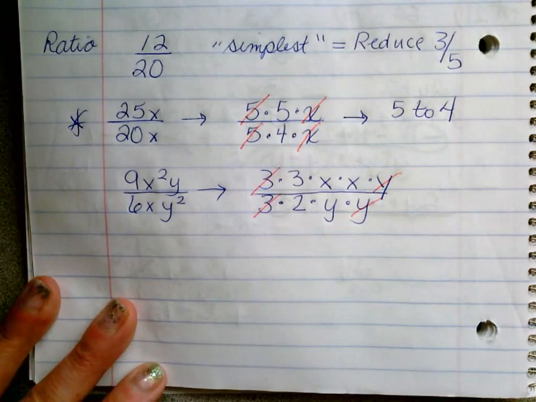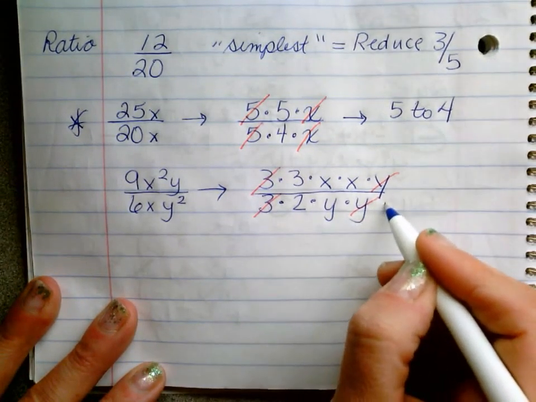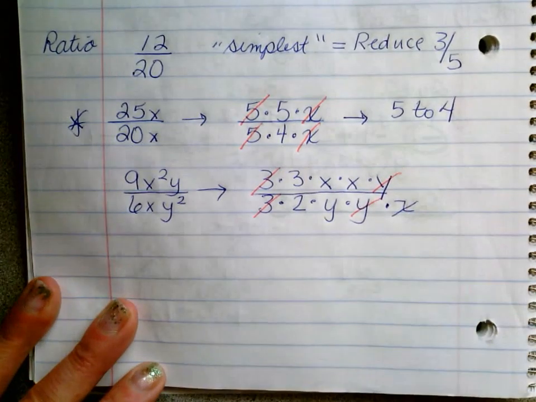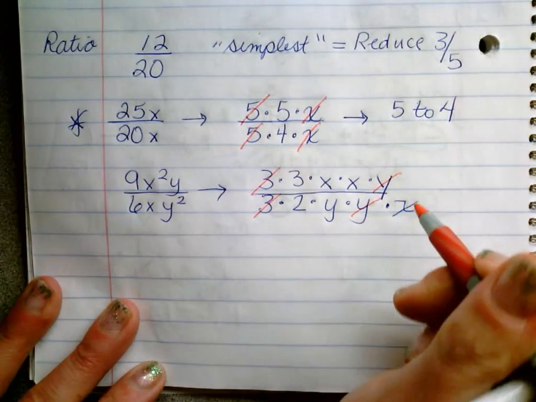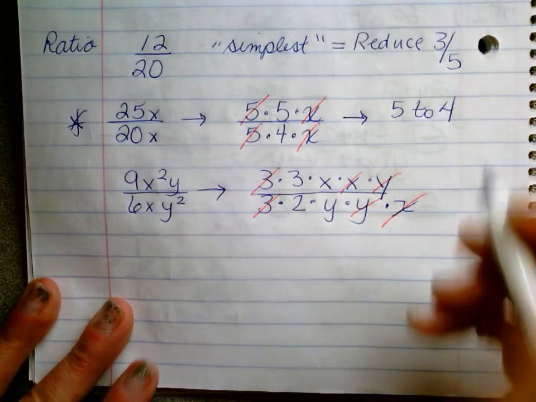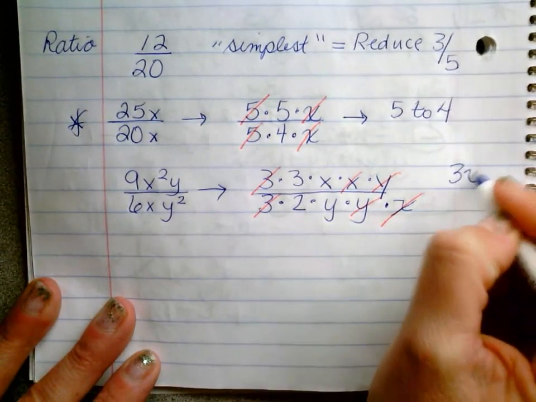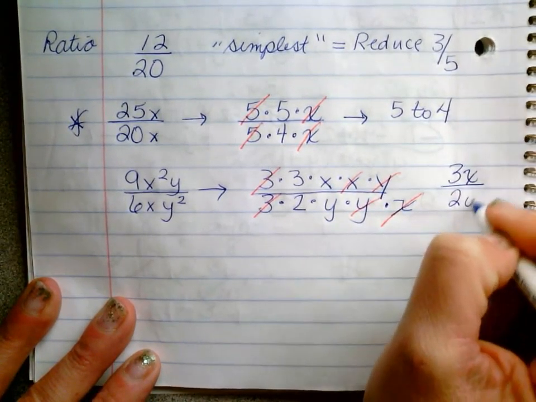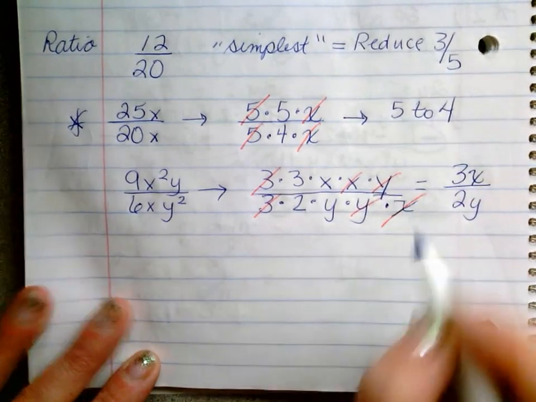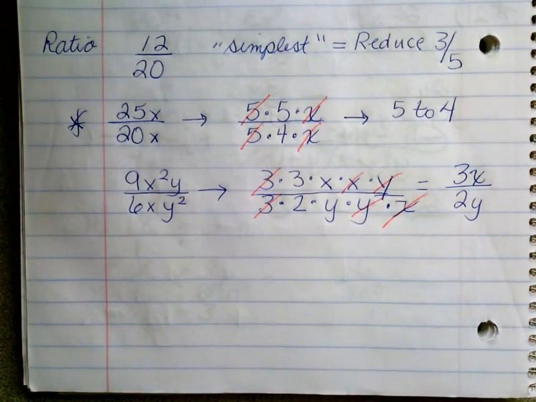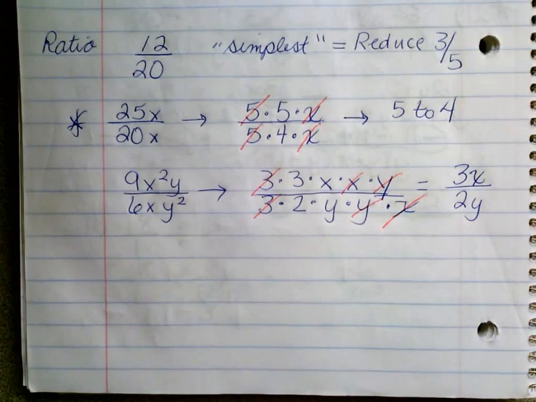You forgot an x. I'm missing an x down here? Yep, add one x and cross that. Thank you. The numerator will be 3x. The denominator will be 2y. Okay? That's what we're working on today.